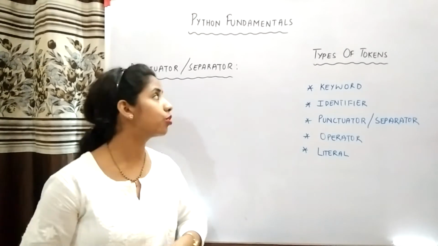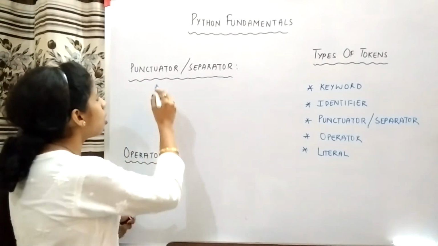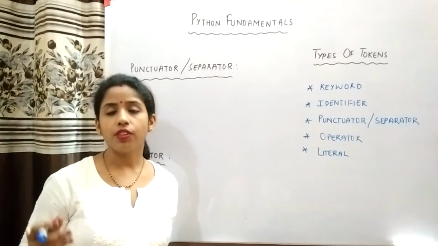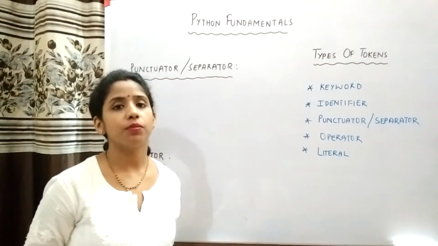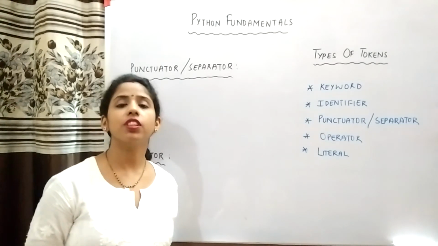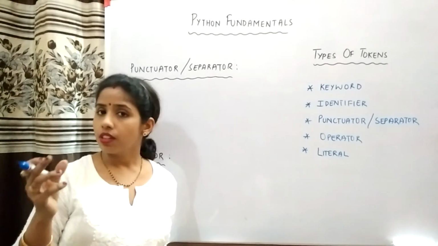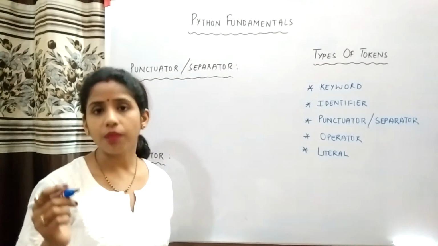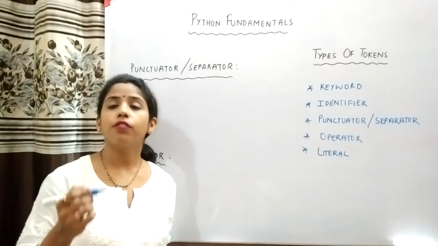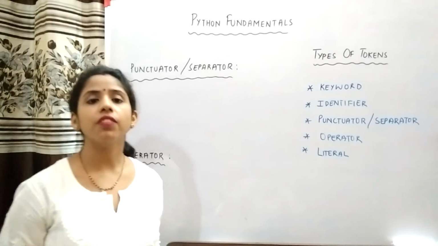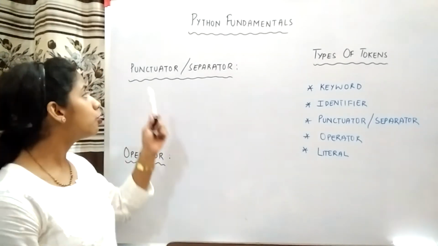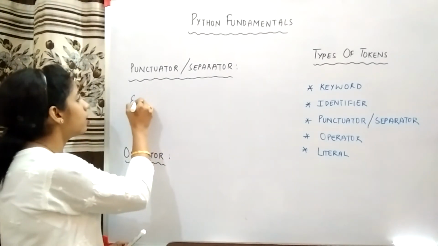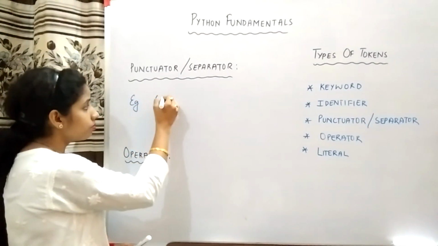Then the next type of token is separator or punctuator. Now you know that in every language, whenever there are statements, then within those statements you have some special characters along with the words, like purn viram in Hindi, like comma or full stop in English, right? In the same way, we have certain punctuation marks used in the Python programming language also, and those are, for example, your brackets.